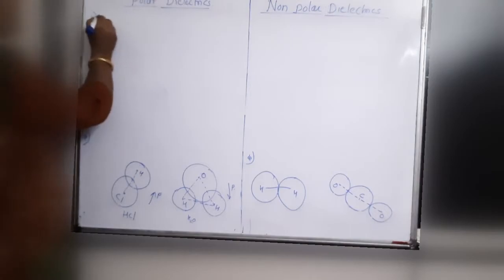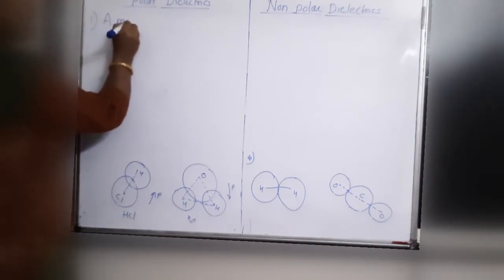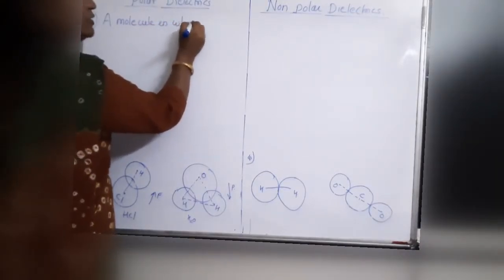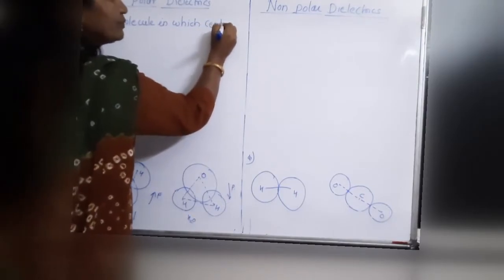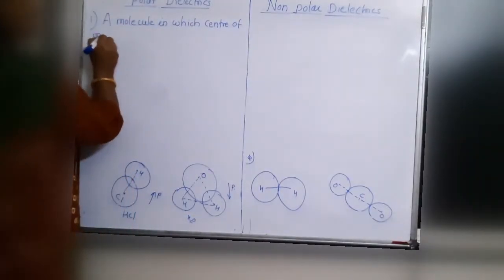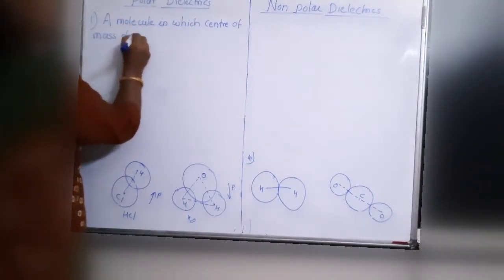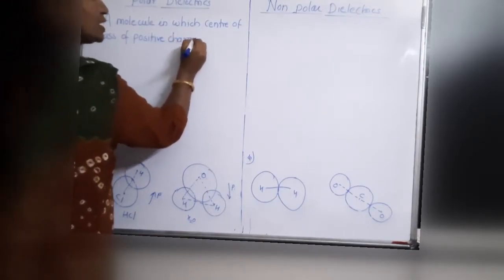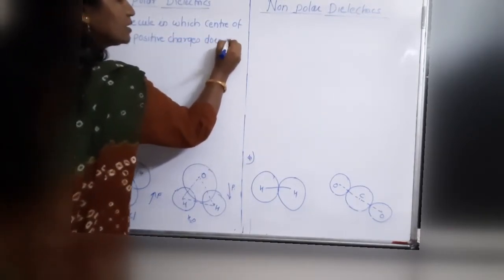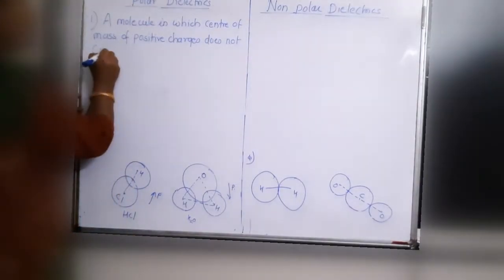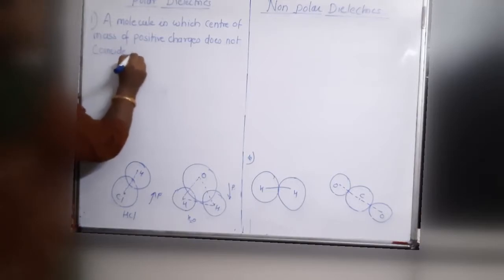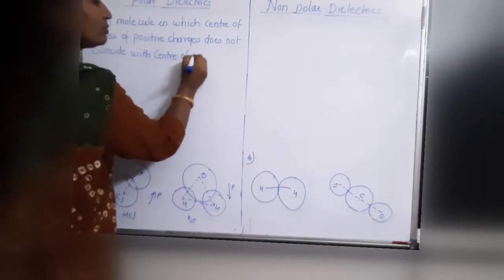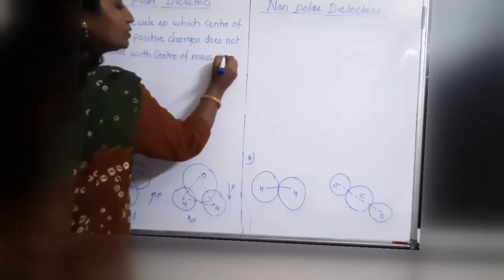The definition of a polar dielectric is a molecule in which the center of mass of positive charges does not coincide with the center of mass of negative charges.